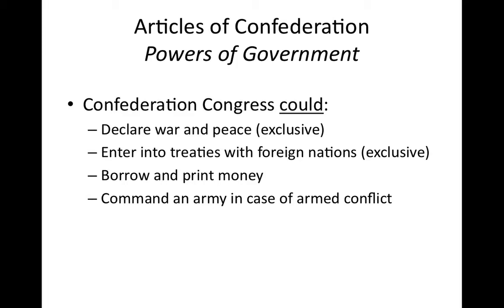It could also enter into treaties with foreign countries. Only the national government could do that as well. The national government had the power to borrow and print money, and it just so happens that the state governments did as well. And the national government had the power to command an army if there was an armed conflict of some kind. Each state, by the way, also had its own militia, or what you might otherwise call a mini army.